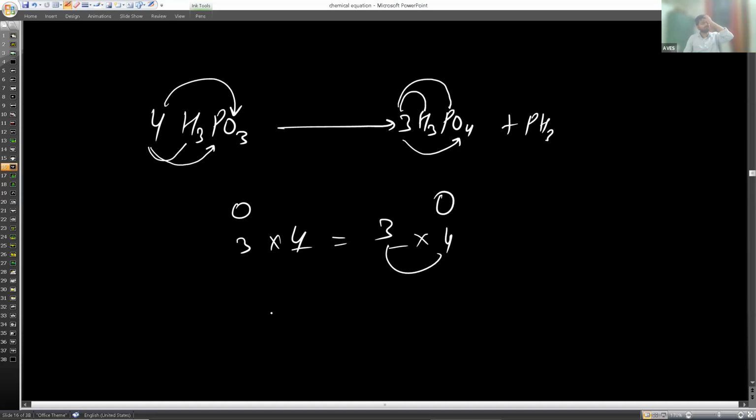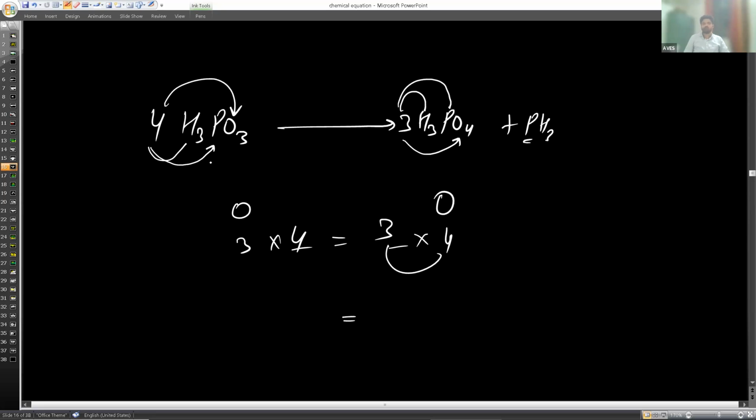How many phosphorus are there? Four. So there are 4 phosphorus here and 4 phosphorus here. 3 here, 1 here. Got it? Yeah. And hydrogen, check the number of hydrogens.